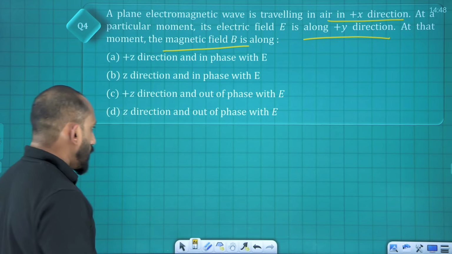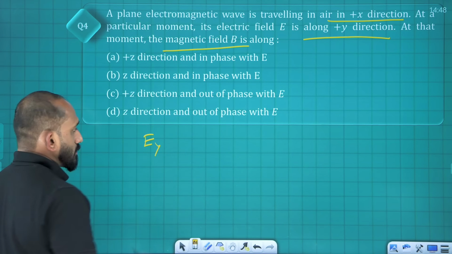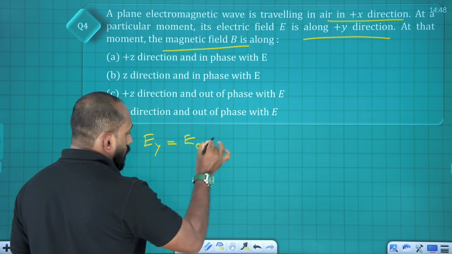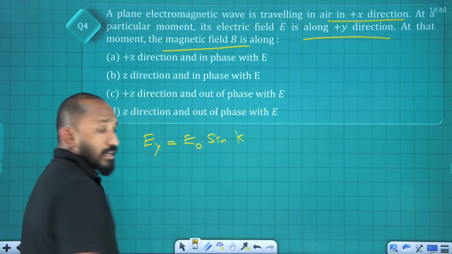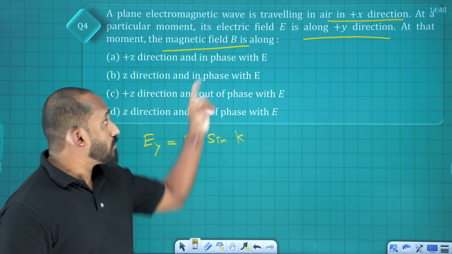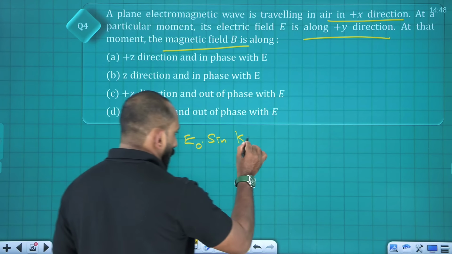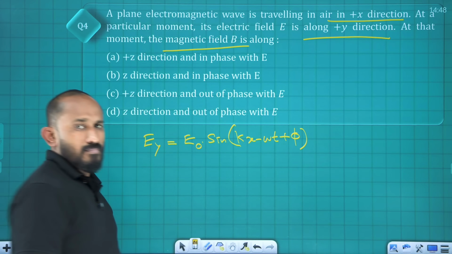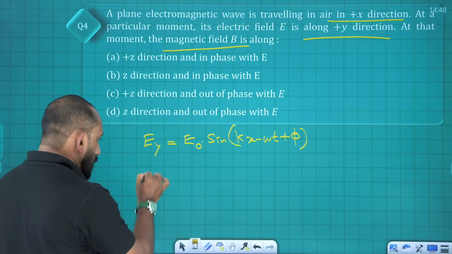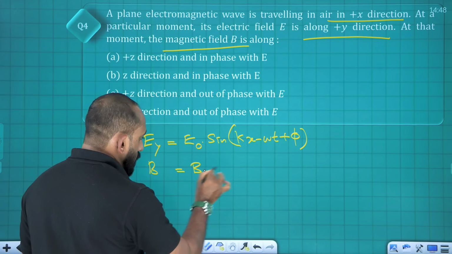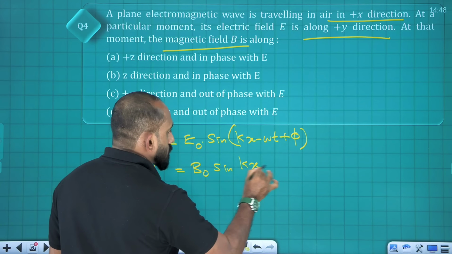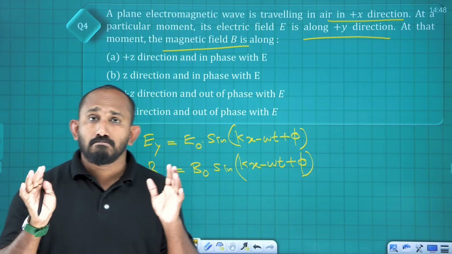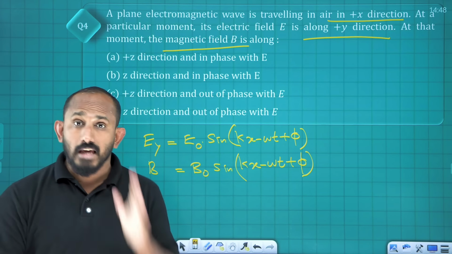We studied that if E is along the positive y direction, then we can write Ey is equal to E0 sin(kx minus omega t plus phi), where the direction of propagation of the wave is the positive x direction. Then B will be equal to B0 sin(kx minus omega t plus phi), because both electric and magnetic fields will always be in the same phase.